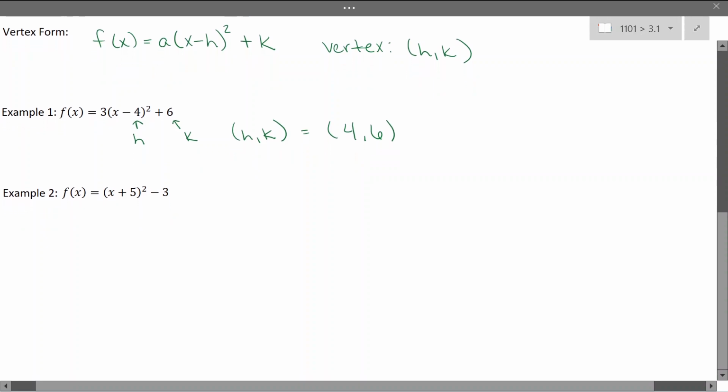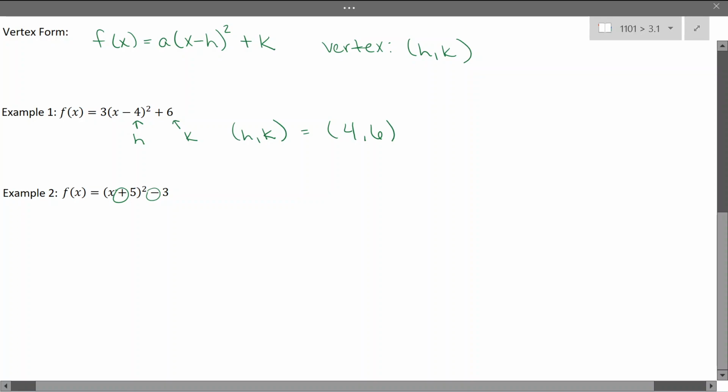Let's look at our second example. Our second example gets a little bit harder, but we're basically going to do the same thing. So we have f of x equals the quantity x plus 5 squared minus 3. So our one little issue is that it doesn't immediately fit the form because we have a plus where there should be a minus, and we have a minus where there should be a plus.